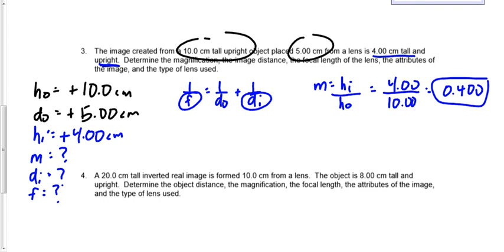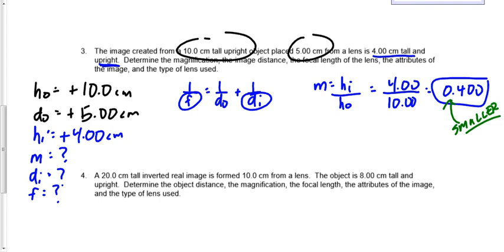If the magnification is 0.4, is the image bigger or smaller than the object? Trent? Correct. Because the ratio of the image height to the object height is 0.4, it's less than 1, the image is smaller than the object.